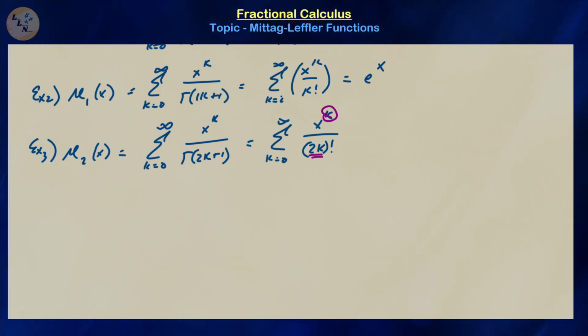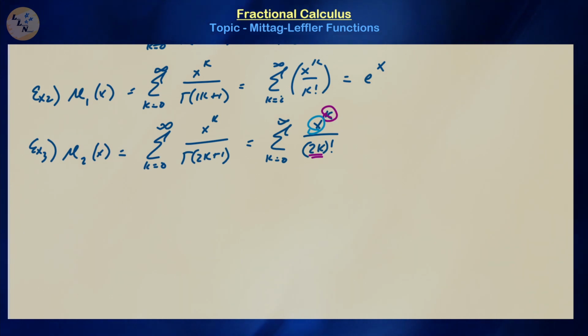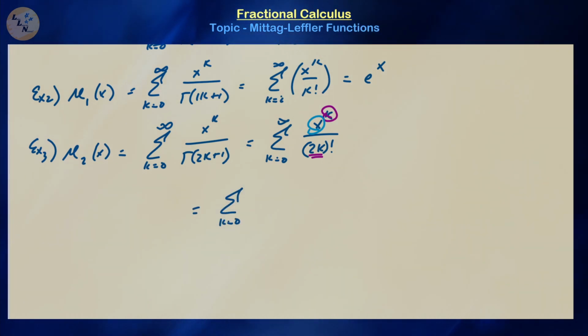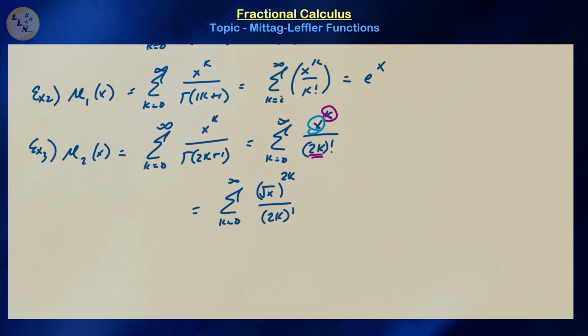So we can algebraically manipulate x in order to get a 2k in the exponent, using the inverse relationship between squares and square roots. We can write that instead as the sum from k equals 0 to infinity of the square root of x to the power of 2k divided by 2k factorial.